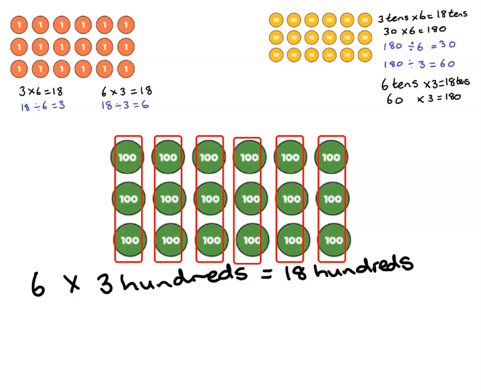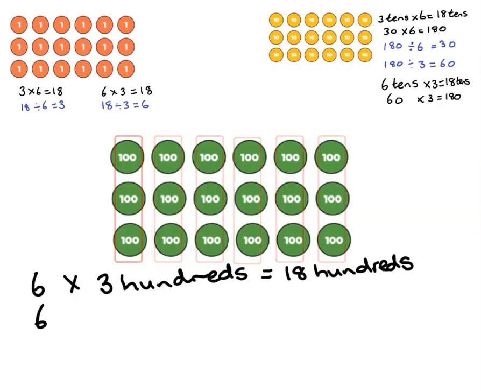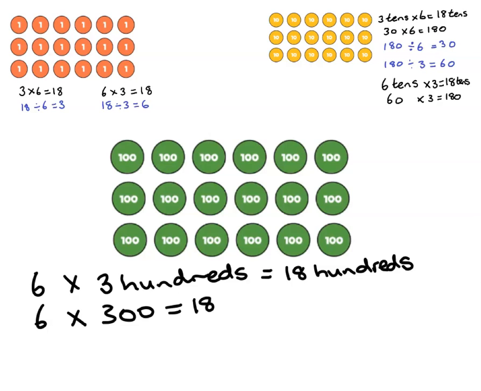How do we represent that in a different way? Take a moment to think how you might represent the inverse division. 1800s divided by 6 is equal to 300s.